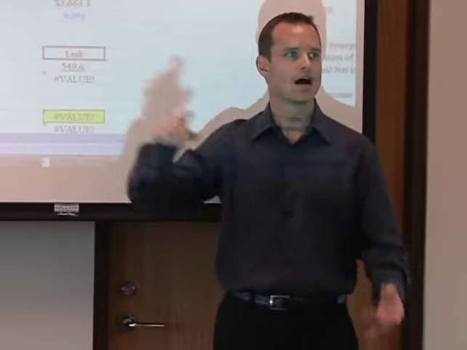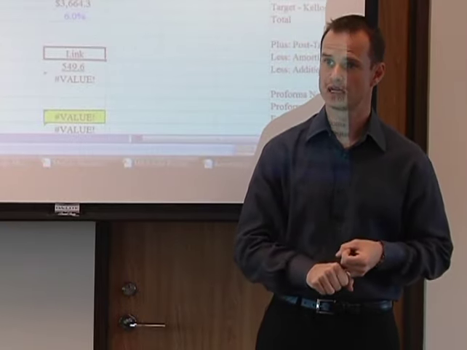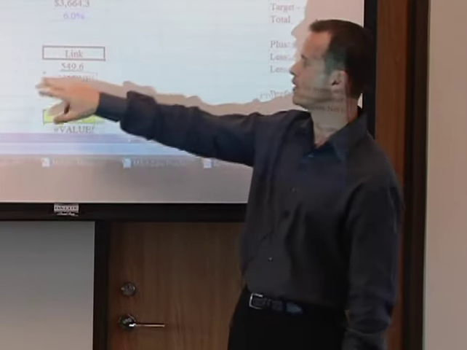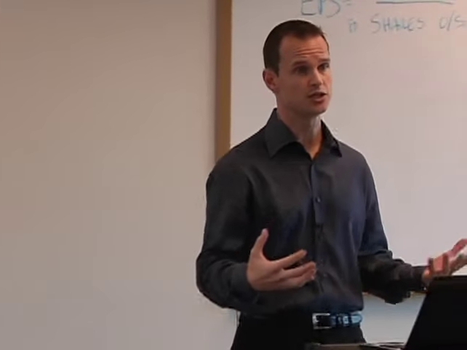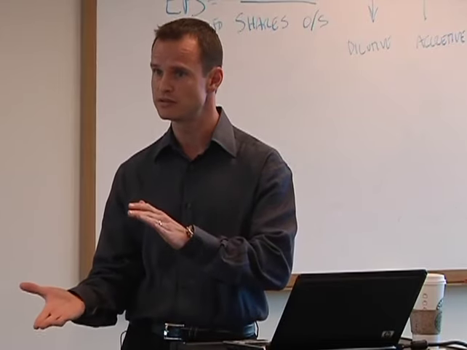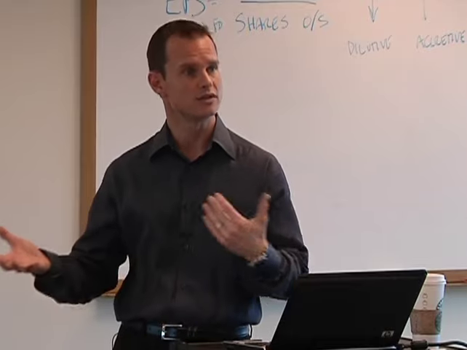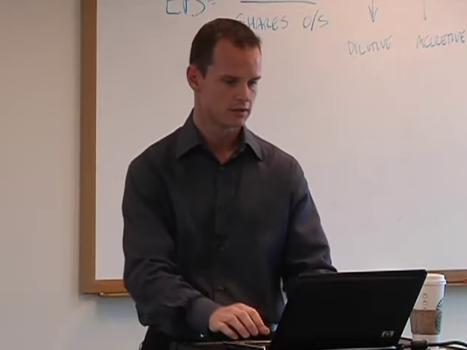So now how do I calculate my exchange ratio? The exchange ratio is how many shares of the buyer get issued for every outstanding share of the seller. So if we know that 549.6 million shares get issued, if we divide that by how many shares of Kellogg stock are being purchased, it will tell us what the exchange ratio is.